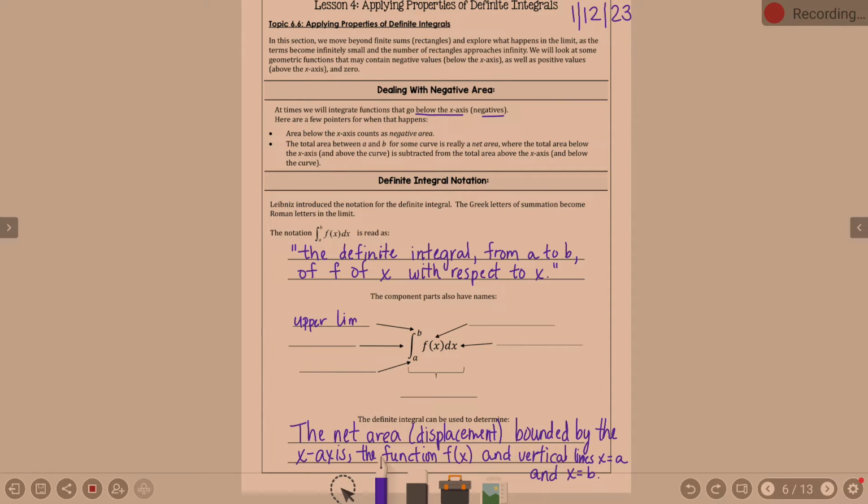B is your upper limit of integration. A is your lower limit of integration. The little curly thing is our integral sign.